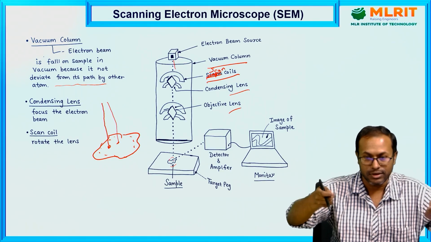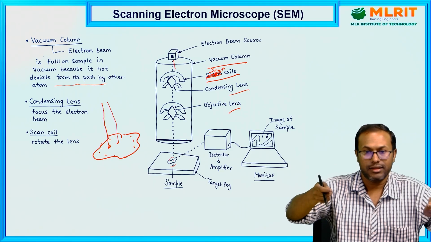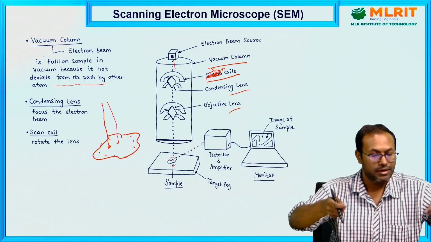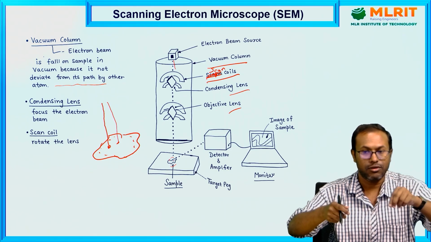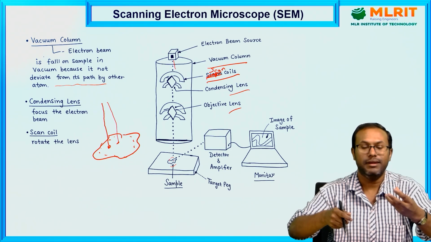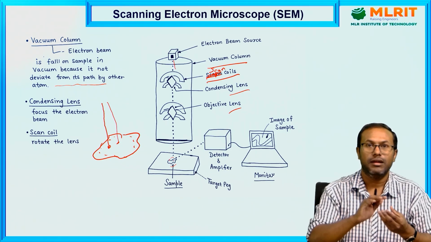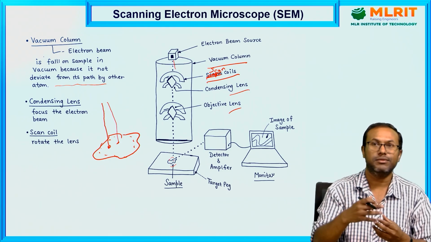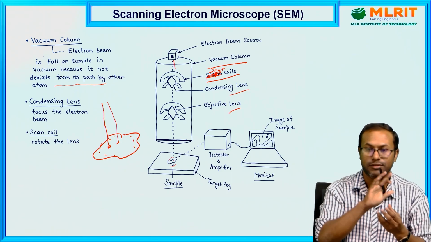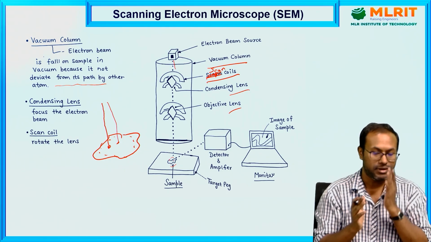If you rotate the scan coil, the electron beam will change its position and scan all places of the sample. In this way the image will be formed slowly, not at a single time, okay. The pattern will form slowly as it scans the sample.